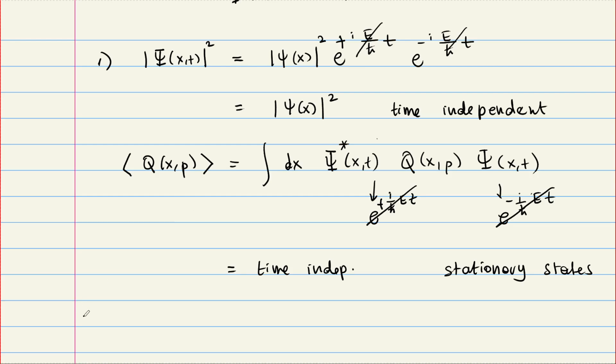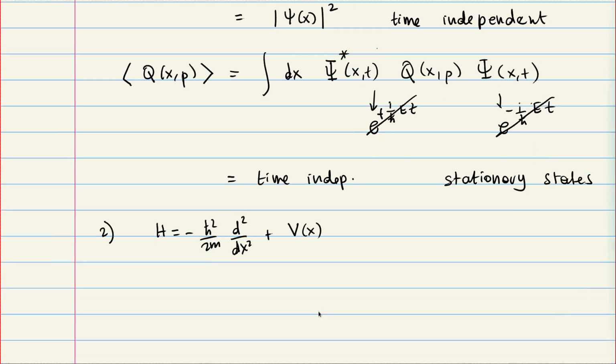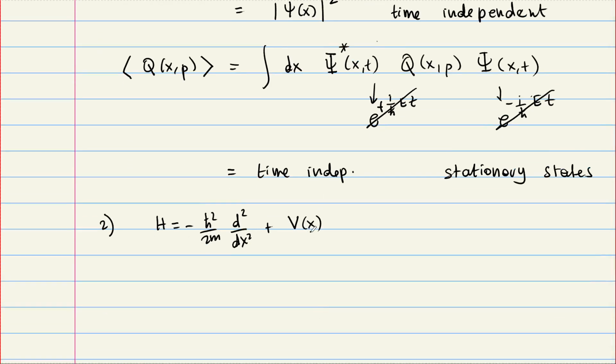So the second property. Let's consider the expectation value of the Hamiltonian. I can consider the Hamiltonian to be an operator, minus h bar squared over 2m d squared dx squared plus V of x. I may also at some point stop writing V of x because almost all the potentials we use are going to be time independent.